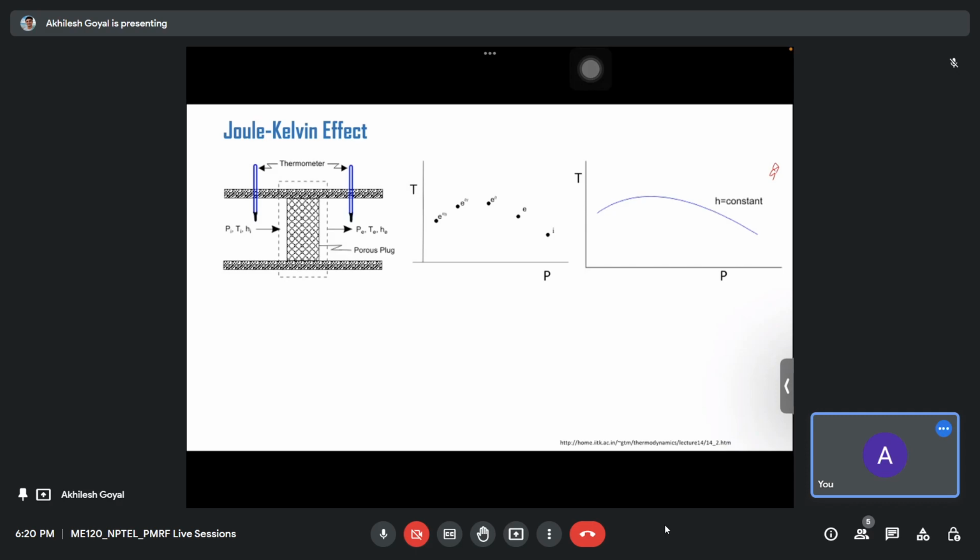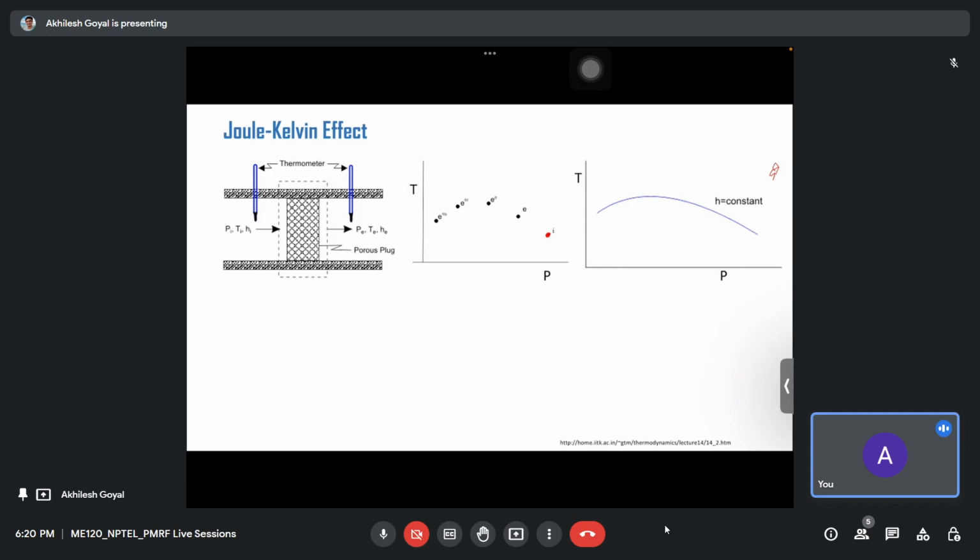We took an initial fixed temperature and pressure at point I, and the gas was expanded to different pressures and temperatures. These points were achieved, and this is a constant enthalpy graph between T and P. You can see it in the third figure.